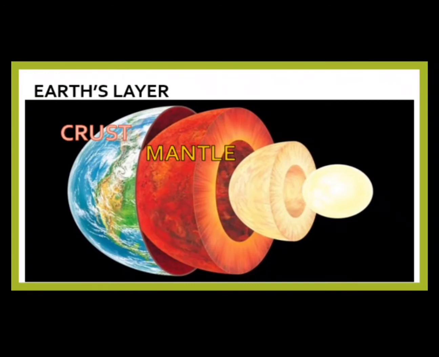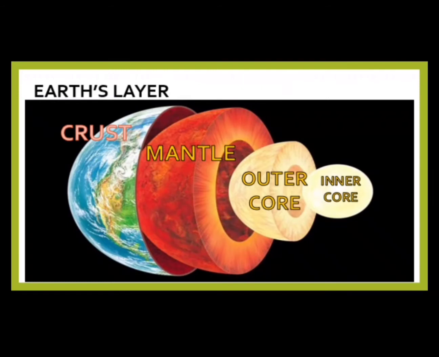Mantle, it is a hot solid and has a temperature of 900 degrees Celsius to 2,000 degrees Celsius and is 2,900 km thick. The outer core is composed of liquid metal, and the inner core is composed of solid metal. Between the crust and the mantle is the molten rock with high temperature called magma.